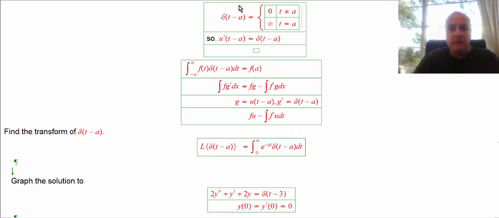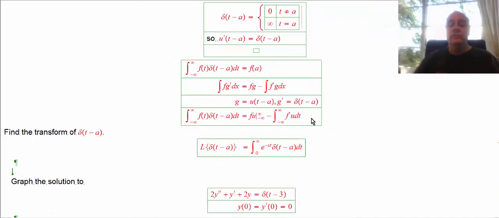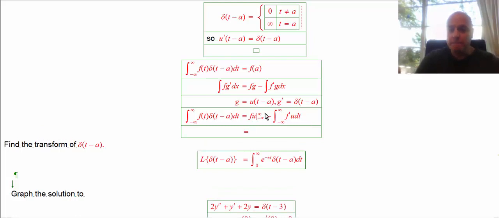And we're integrating from minus infinity to plus infinity. So using integration by parts, our integral is equal to f times g, where g is the Heaviside step function. We have to evaluate that at infinity minus evaluate that at minus infinity. Yes, it's an improper integral, and we're just looking at this in a casual way. Let's do that now.